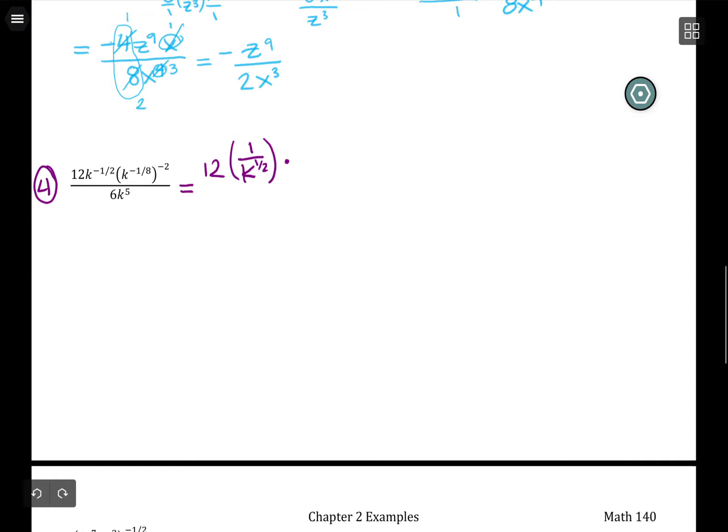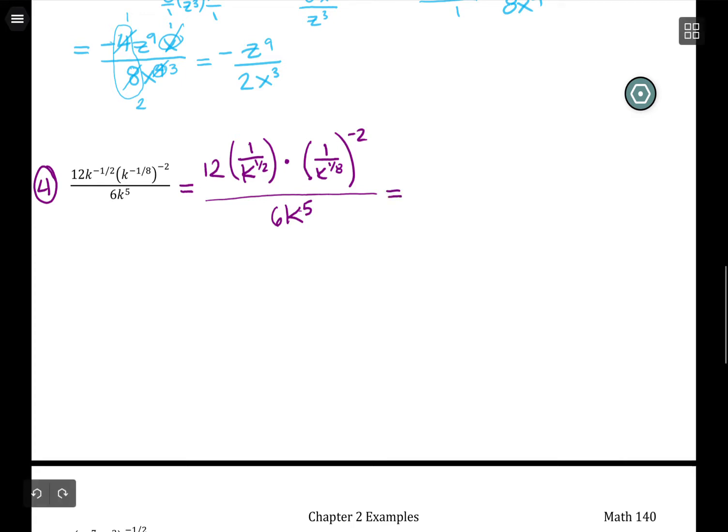K to the negative 1/8 is the same as 1 over k to the positive 1/8. And then I'll deal with this one in a second step. K to the 5th. Okay, so I dealt with 2 of them, and the order doesn't really matter on that. You can do those in either order.